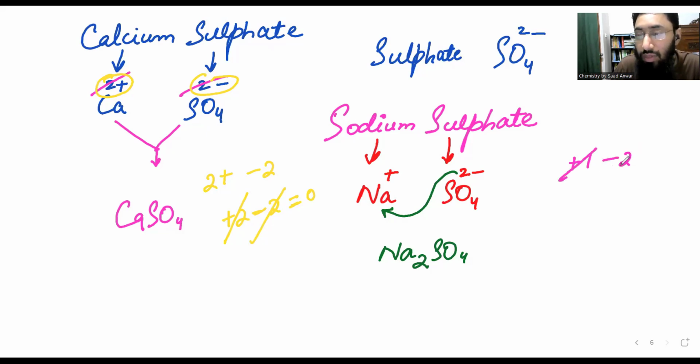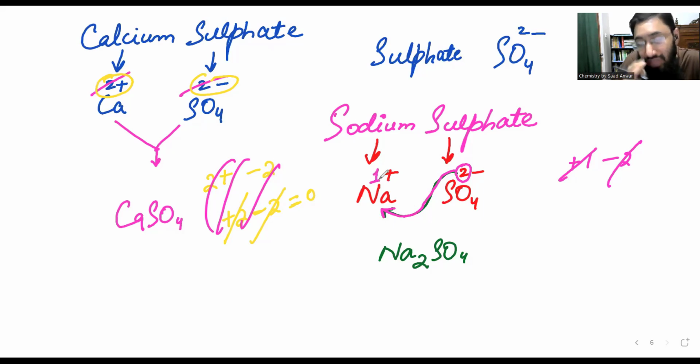We cannot cancel +1 with -2, as we don't have the same digit. So we transfer. In the crossing over method, we write this 2 at the bottom of sodium. Here we have +1, and we don't need to transfer 1. We don't need to write 1 here, otherwise it will become 41, and this will become wrong.